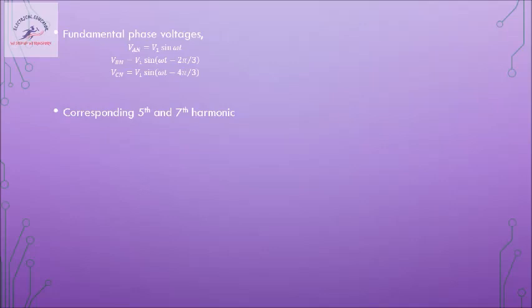Now with the help of these equations, we have to write the corresponding fifth and seventh harmonics. So let us be very clear about harmonics first. For any order harmonic, its magnitude reduces compared to the fundamental, but its frequency increases.